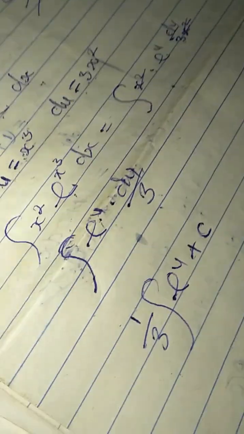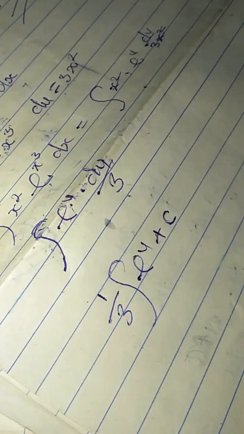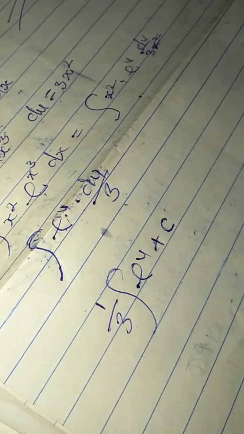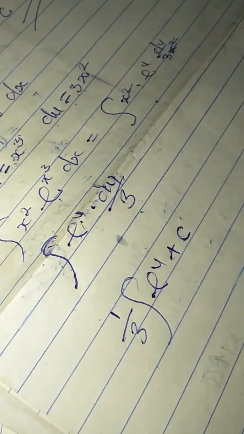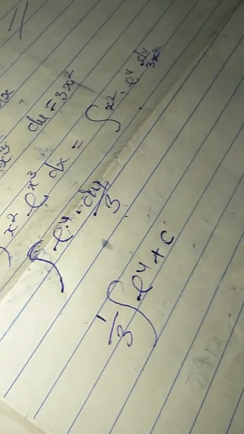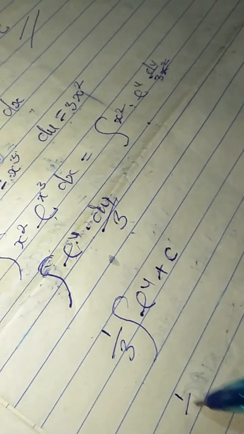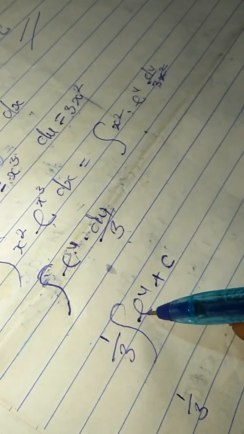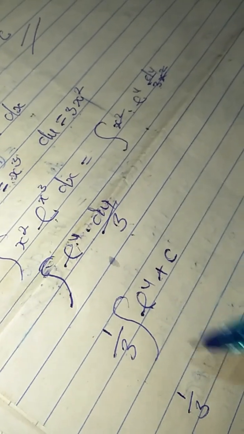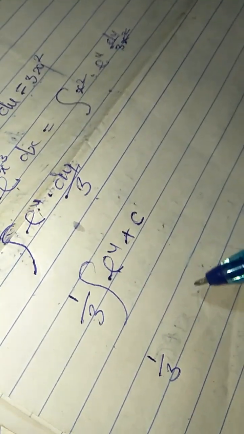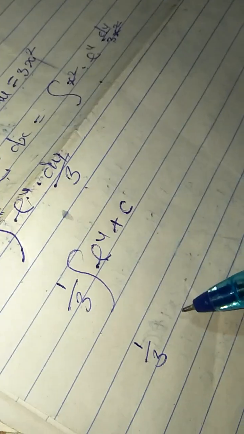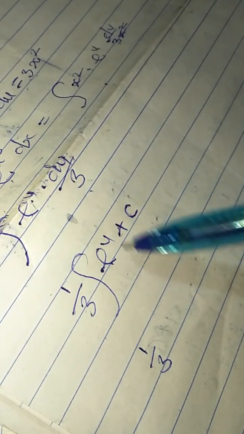And I told you earlier why we are using plus c, because the integration is not definite. So at this juncture, what are you going to do? 1/3 multiplied by e^u will give you e^u. In order not to procrastinate the solving, we'll just substitute the value directly.